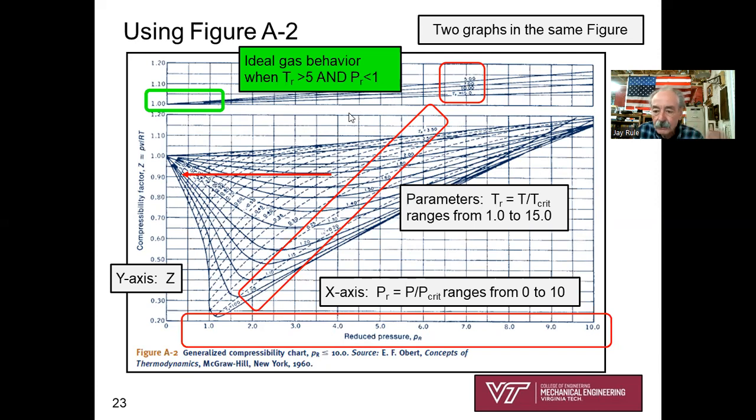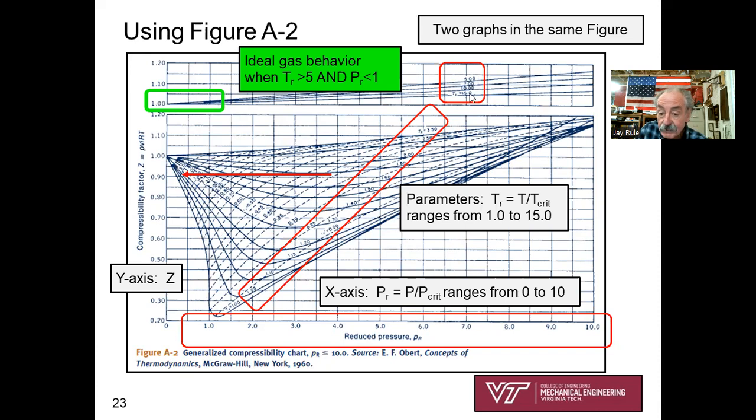And what practical conclusions can we make from here? Look, here's Z of 1.0. Here's Z of 1.0. But up here in this upper graph, do you see that if your reduced pressure, P sub r, is less than about 1, then you're an ideal gas. So for low reduced pressures, you're an ideal gas.